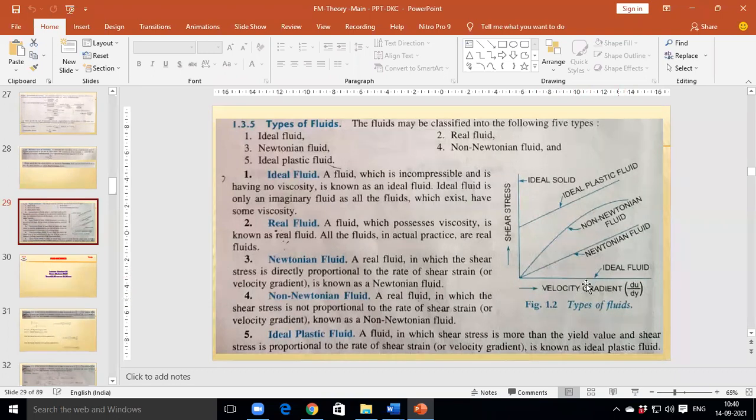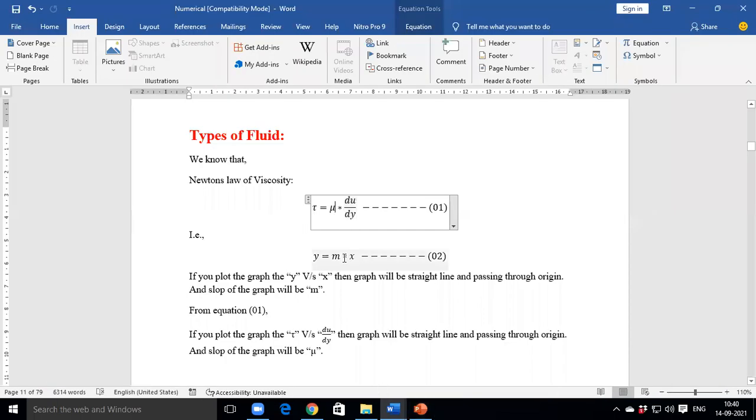The alternative name for the velocity gradient is velocity distribution. This line is passing through the origin, and the slope of this line is called the viscosity of the fluid, that is, mu.